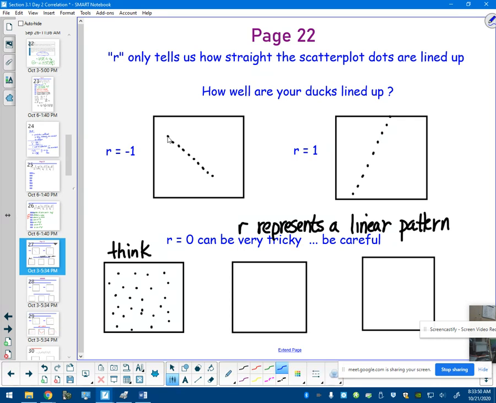So if you had something like this, I'll draw an x-y axis coordinate for us. This pattern would also give you r equals 0 in your calculator. A parabola, which is curving, would give you r equals 0. You could also have a circle, that would equal 0. Now interestingly enough, an exponential won't give you r equals 0.